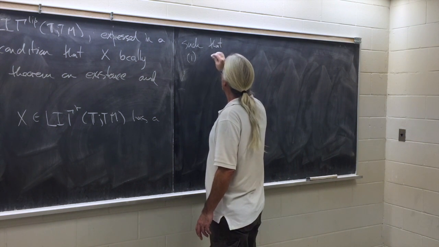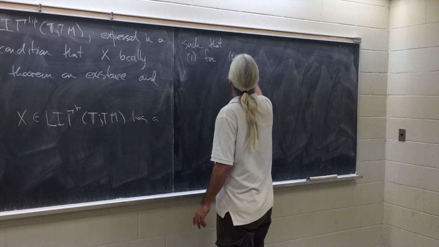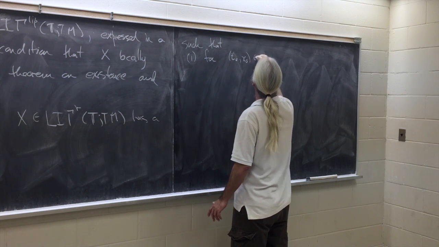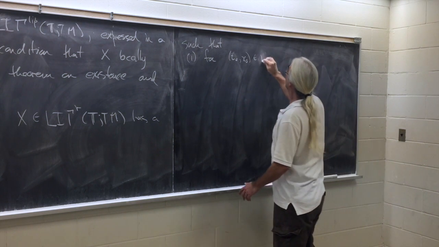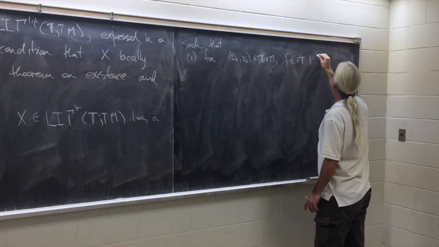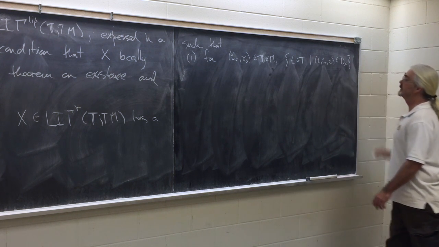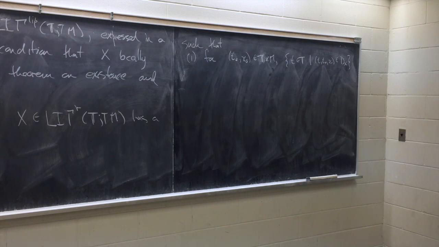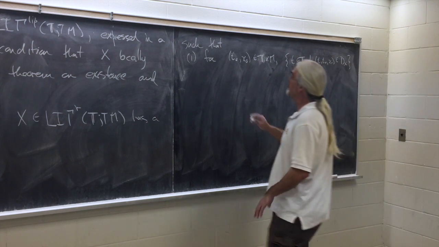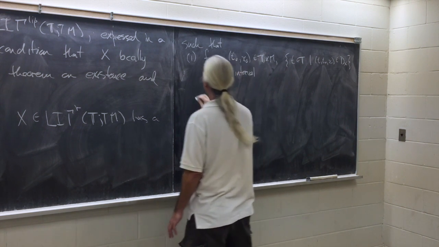So first, for T naught and X naught in T cross M, this is for a given initial state and an initial time. This will be the set of possible final times. Well, this is an interval.